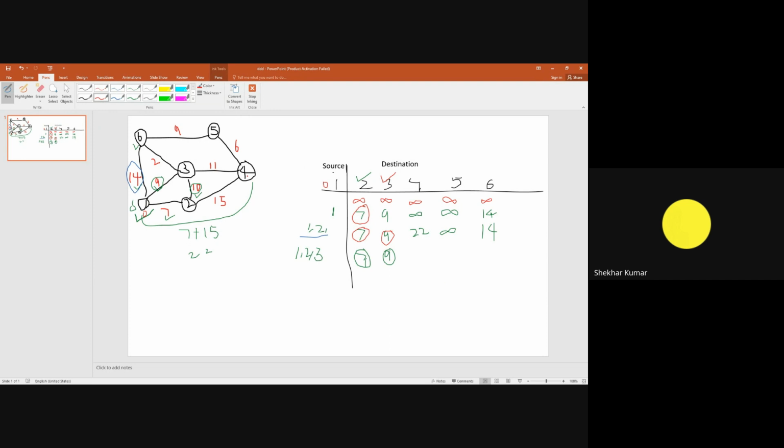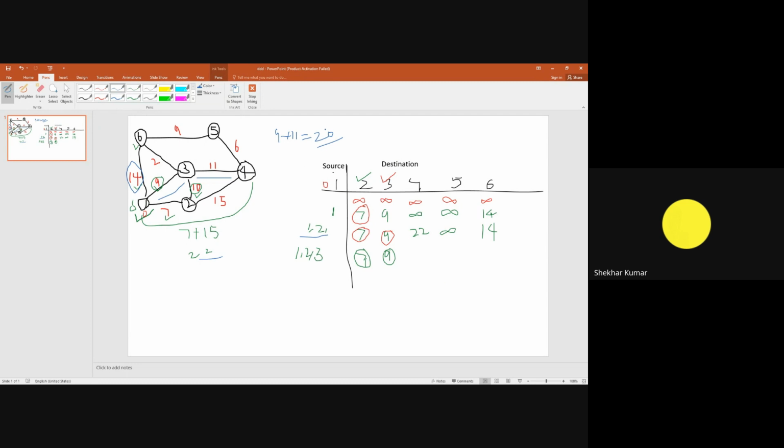Now check node 4. For node 4, the cost is 7 plus 15, that is our 22. And there is one more path for traversing 1 to 4, that is 1 to 3 and 3 to 4. And the cost of this path is 9 plus 11, that is 20. Now I will compare 20 and 22.